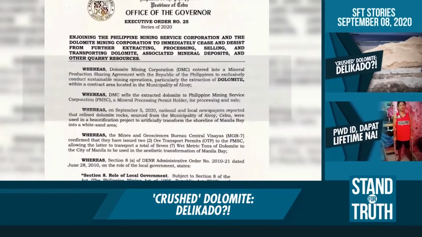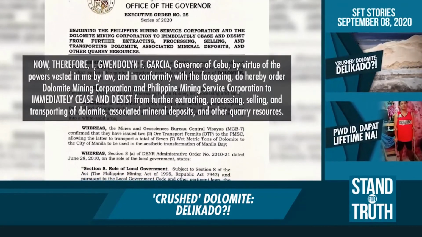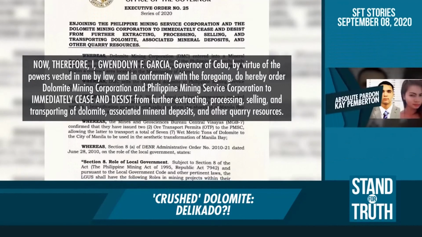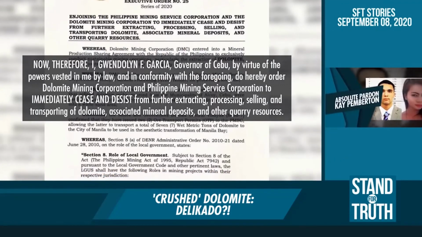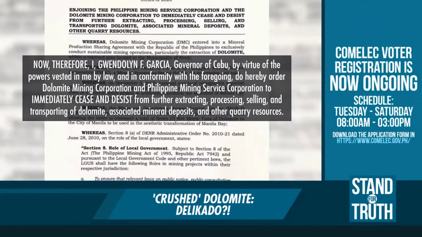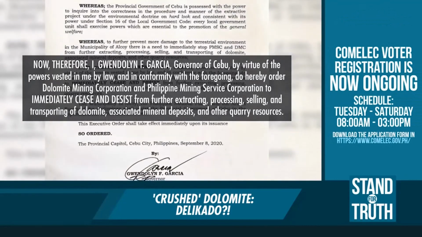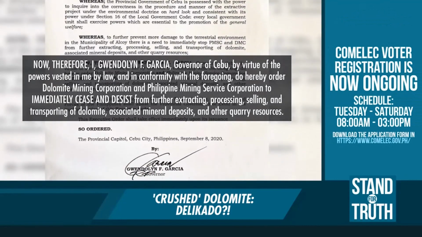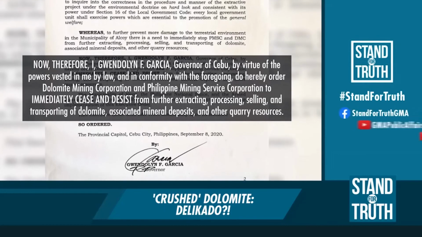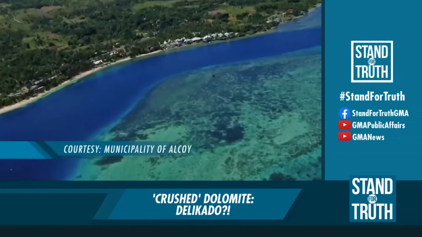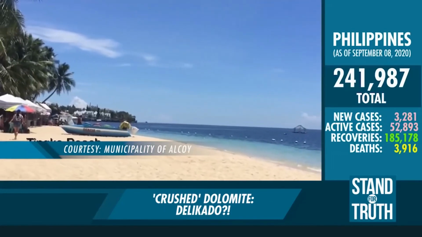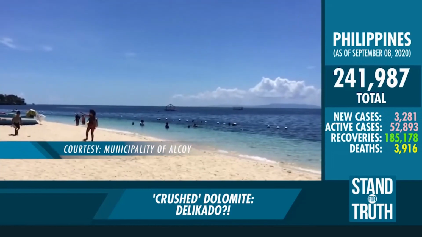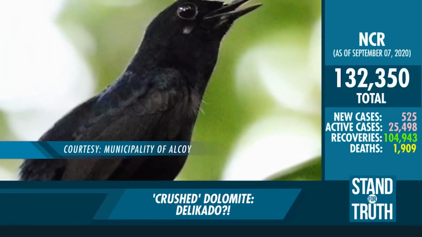Samantala, nag-issue na ng cease and desist order si Governor Gwendolyn Garcia para sa Dolomite Mining Corporation at sa mineral processing permit holder nito na Philippine Mining Service Corporation. Pansamantala munang ipinatitigil ang extracting, processing, selling and transporting ng dolomite sa Cebu. Lalo na't isang environmentally critical area raw ang Alcoy kung saan naninirahan ang endemic at endangered na siloy o black shama ng Cebu.